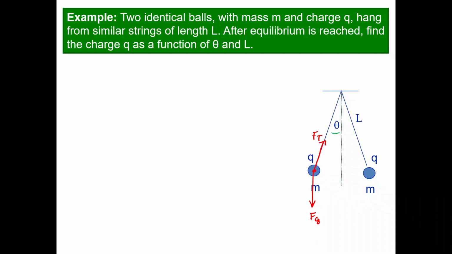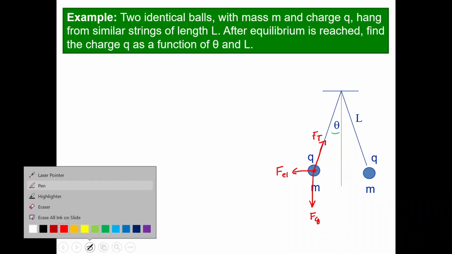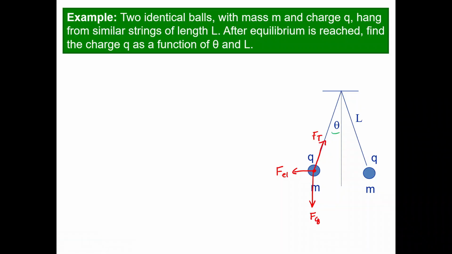So that's going to be my tension force. And then, because these are like charges, there's going to be an electrostatic repulsion. So that's going to point away from the other charge. Now we have to be careful, because that repulsion is going to be based on this separation distance r right there between the center of those two spheres. And that is not actually provided for us in our problem.